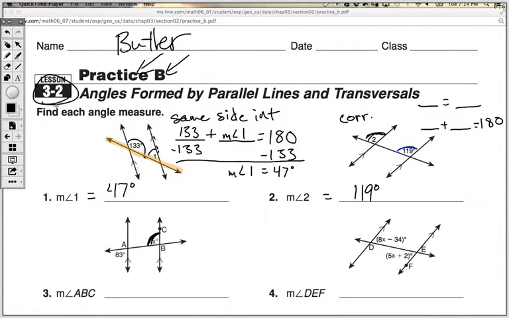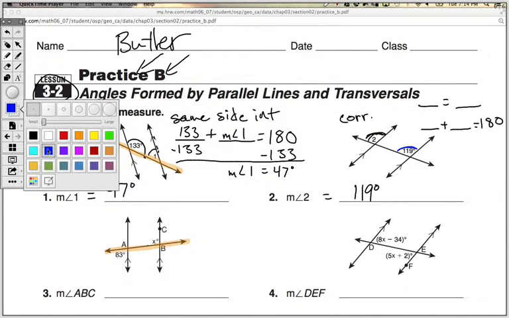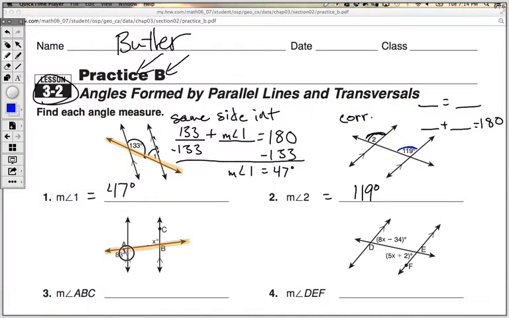It comes back to that relationship when you're looking at the transversal. Let's color code stuff for ourselves. So here's our transversal, and let's say I do blue and red for the colors. So blue angles, this 83 would match this one right there. And then by alternate interior, I could go across the transversal, and those two would be equal as well.